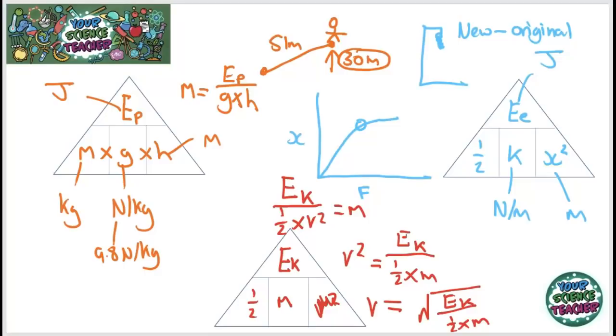And sometimes they ask you to calculate the spring constant of your spring, and for that you need to know that F equals Kx, so K equals F divided by X, and there you could calculate the spring constant and therefore calculate your elastic energy.